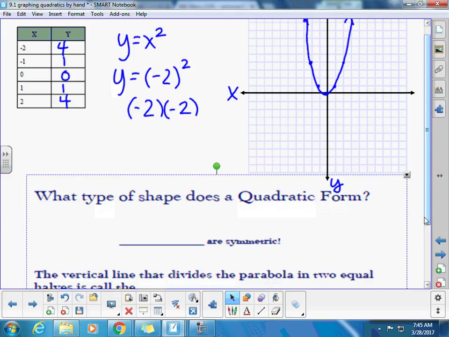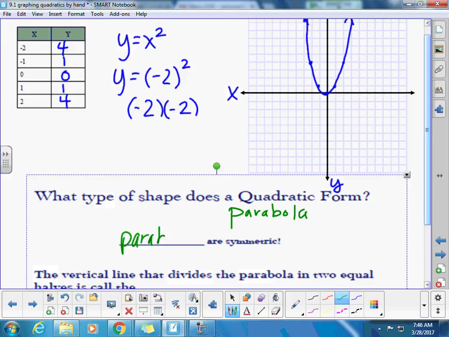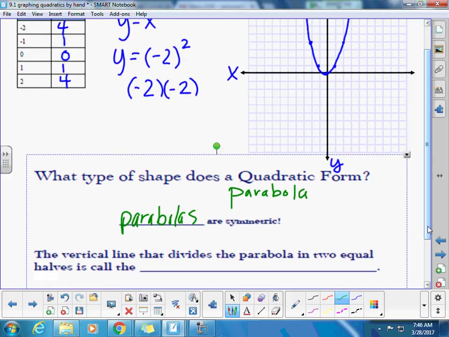So what type of shape does this form? These are called parabolas. And so it forms a parabola, and parabolas are symmetric. So we could have put it here. The vertical line that divides a parabola into equal halves is called the axis of symmetry.